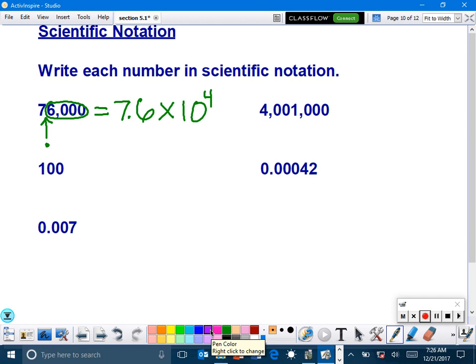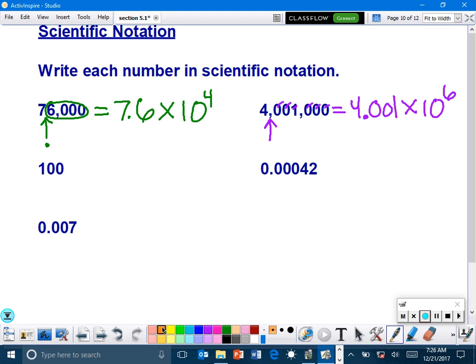Okay, this next one, again, I want the decimal right here. So I'm going to write 4 point, now I do have to put 001, but the zeros in the back are not necessary, times 10, now how many digits? 1, 2, 3, 4, 5, 6. So 4.001 times 10 to the 6th power.